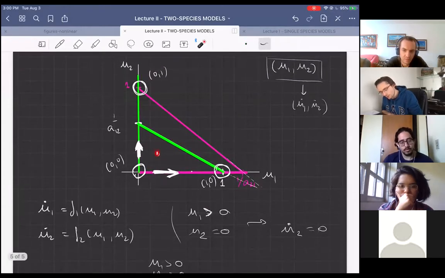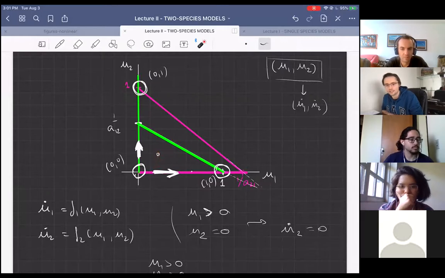Is it going to be positive for U2 and positive for U1? Is it going to be negative and positive? Is it going to be negative and negative? There is nothing I can say. What do you guys think? You can write in the chat, you can speak, you can answer in the way that you want. I want ideas.